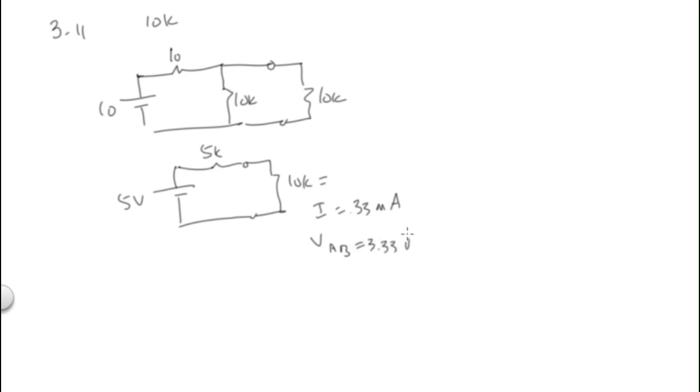Now, if I rework this problem, I have to go back and redo it majorly, because they say, now what if I put the wiper at the top and at the bottom? Next, connect to the top of the wiper. What is the voltage across this?